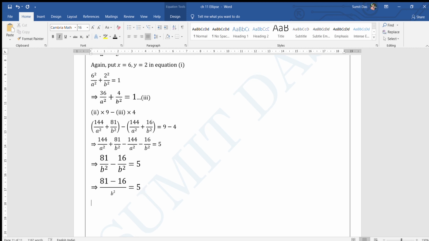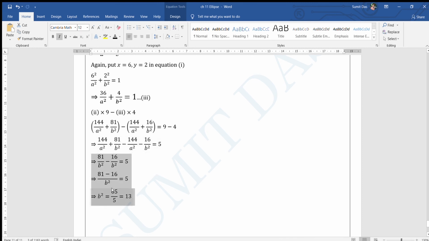So b square will be 65 by 5, I guess. Yeah, 13. Now put any value of b square.